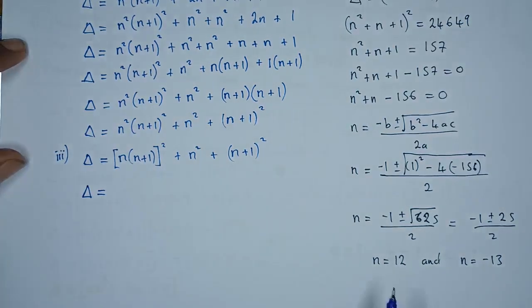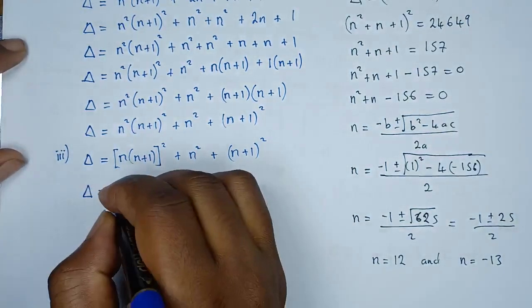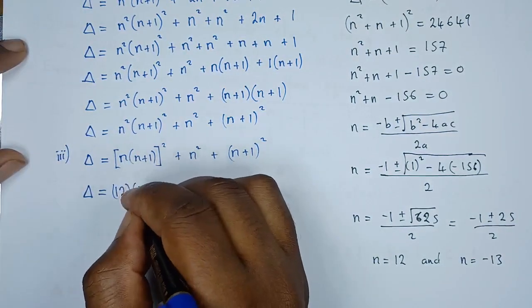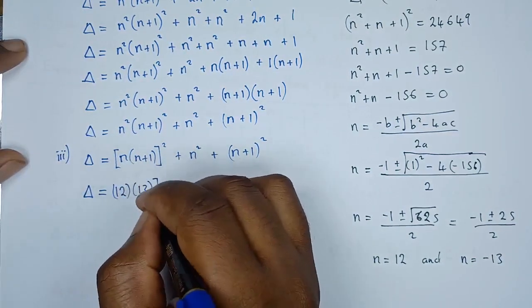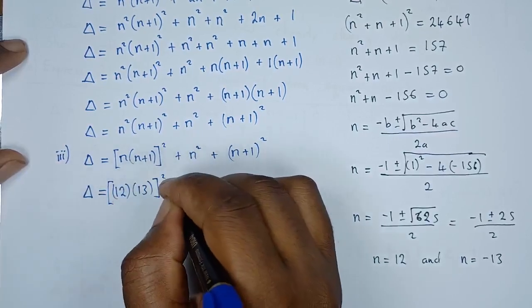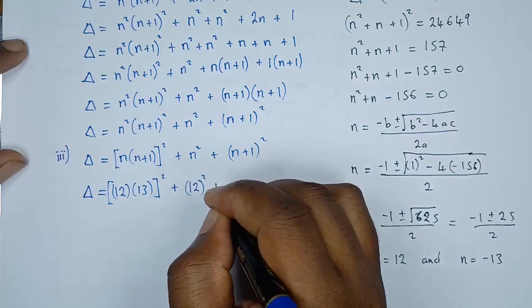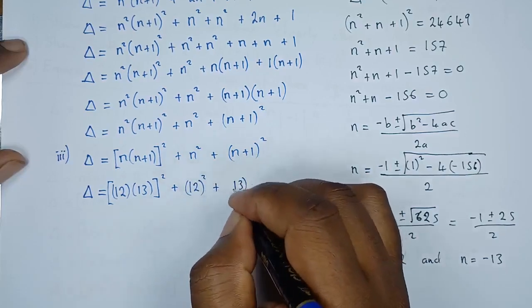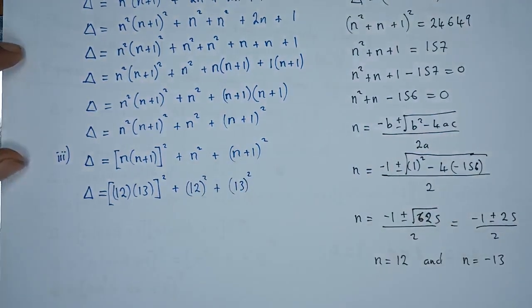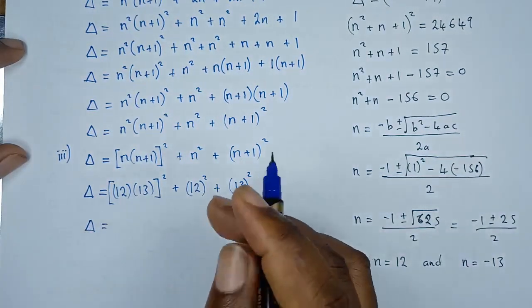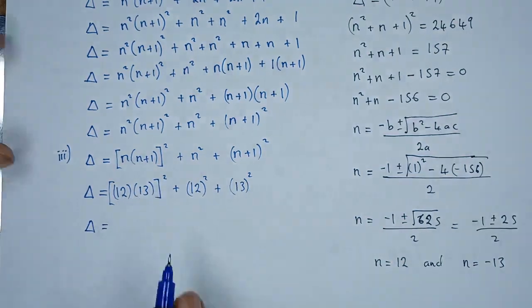Let's start with 12. If we put a 12 here, we'll have 13 here. Remember, there's 2 in brackets. Plus, this is just 12 squared, and this is 13 squared. So this will be equal to 13 times 12.